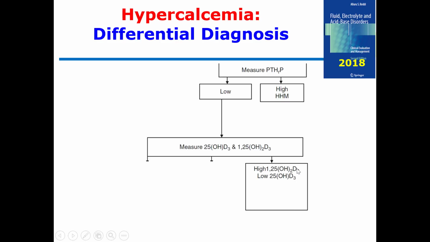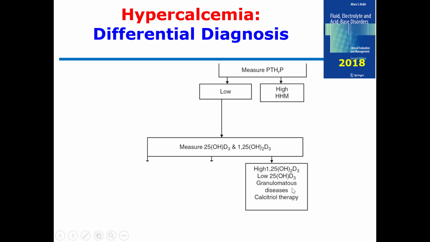High active vitamin D and suppressed native vitamin D. Why? This may be due to calcitriol treatment, because calcitriol is active vitamin D, or granulomas. Why is granuloma associated with increasing active vitamin D? Because granuloma secretes 1-alpha hydroxylase from the macrophage.